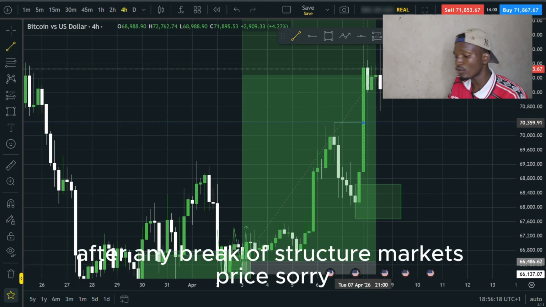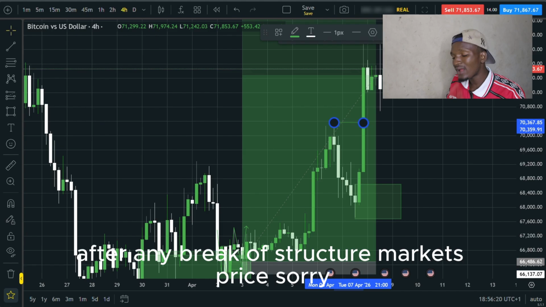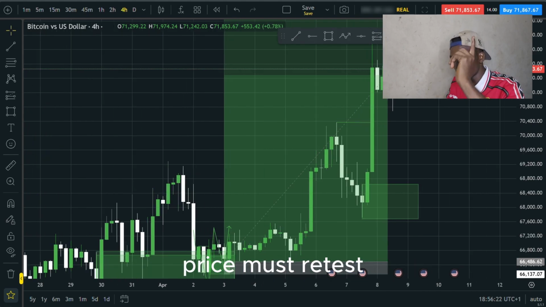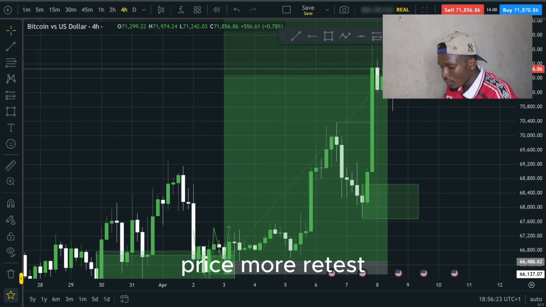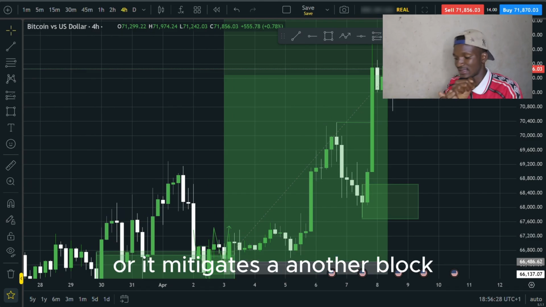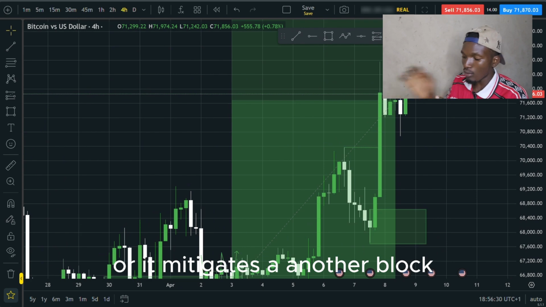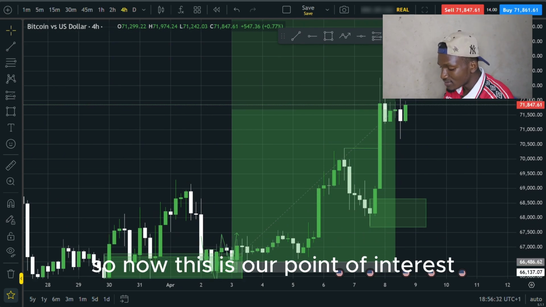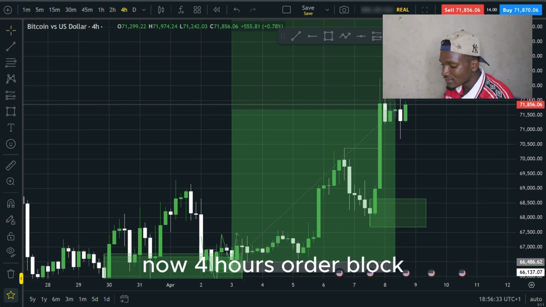After any break of structure, price must retest. Either it fills a fair value gap, retesting, or it mitigates another block. So now this is our point of interest, the 4 hours order block.